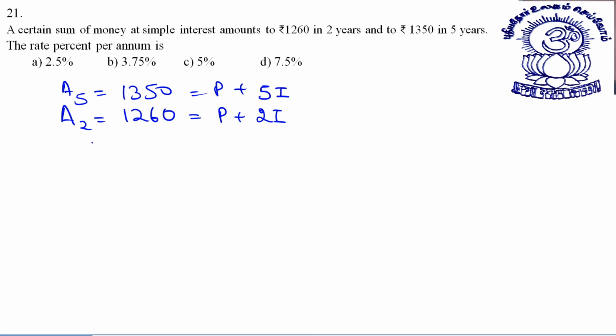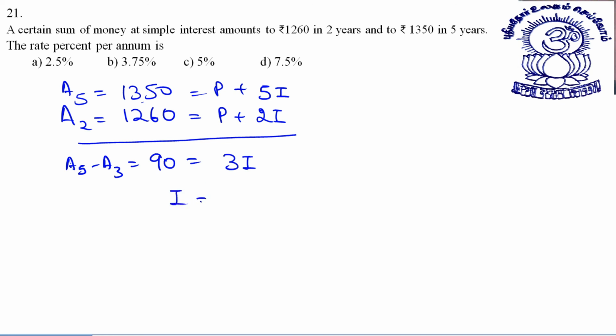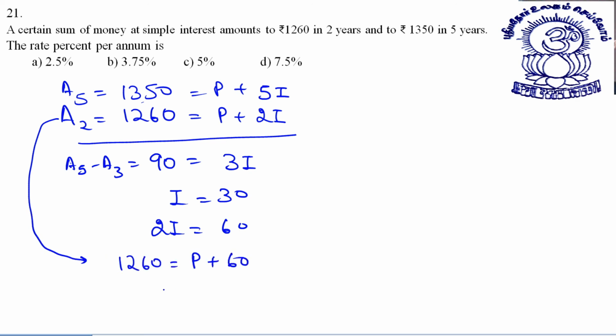So A5 minus A2 will be equal to 90. 90 is 3 years interest. So interest for 1 year is 30, and interest for 2 years will be 60. If I put in this value, 1260 is equal to P plus 60, so P comes out to be 1200.